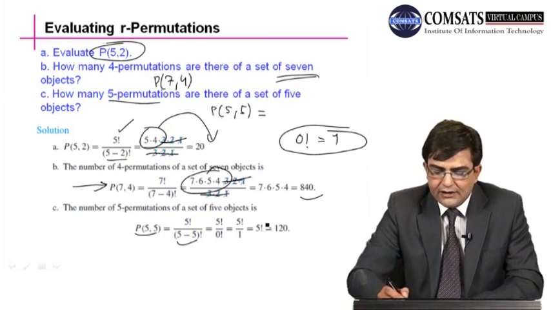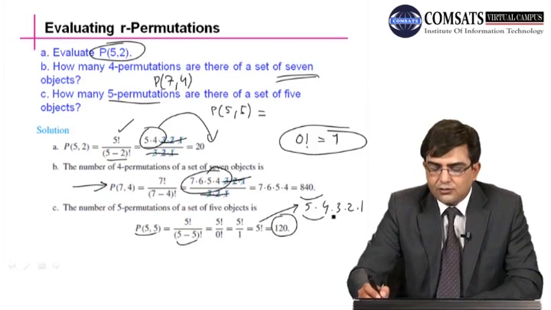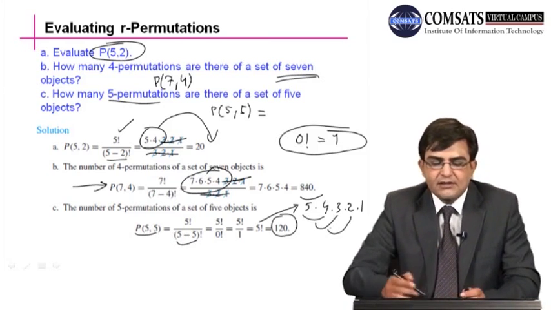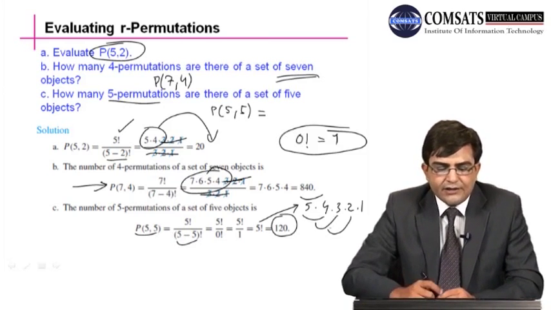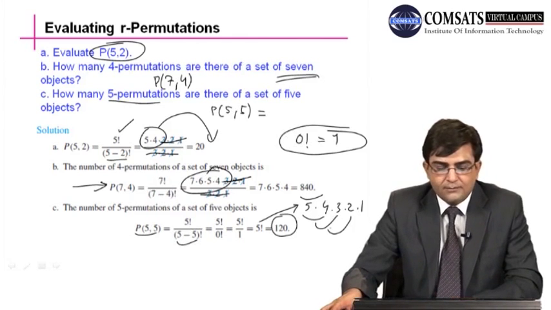So 5 factorial is 120. This is 5 into 4 into 3 into 2 into 1. So 5 4s are 20, 23s are 60, 62s are 120. This is how we can evaluate permutations using the formula.